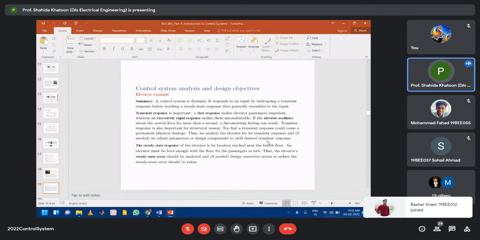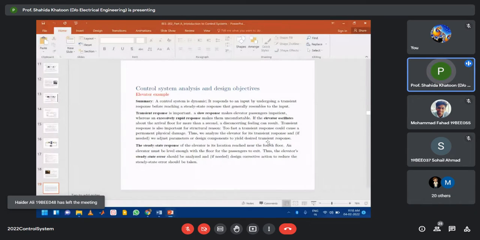So if the elevator oscillates about the arrival floor for more than a second, a discomforting feeling can result. Transient response is also important for structural reasons. Too fast a response could cause permanent physical damage. Thus, we analyze the elevator for its transient response, and if we need, we adjust parameters or design components to yield the desired transient response. Right?